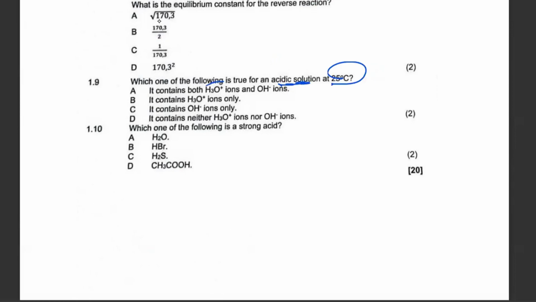It contains both hydronium ions and hydroxyl ions? It contains only this? No, because it's acidic. It contains neither. So the most correct answer looks to be A. So you get your 2 marks.